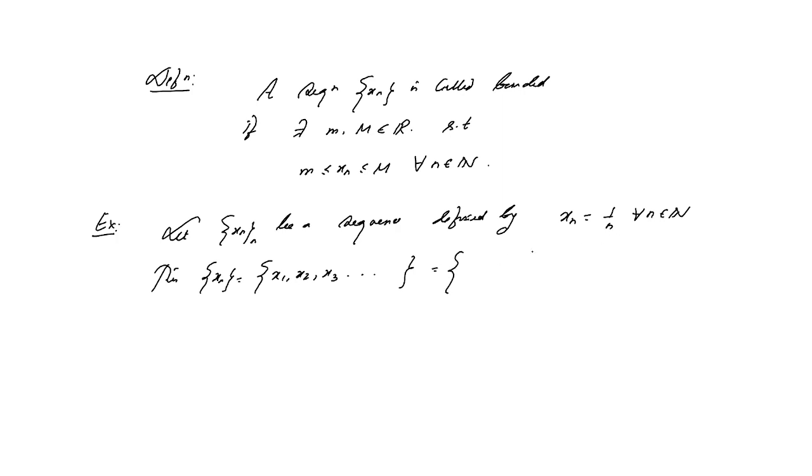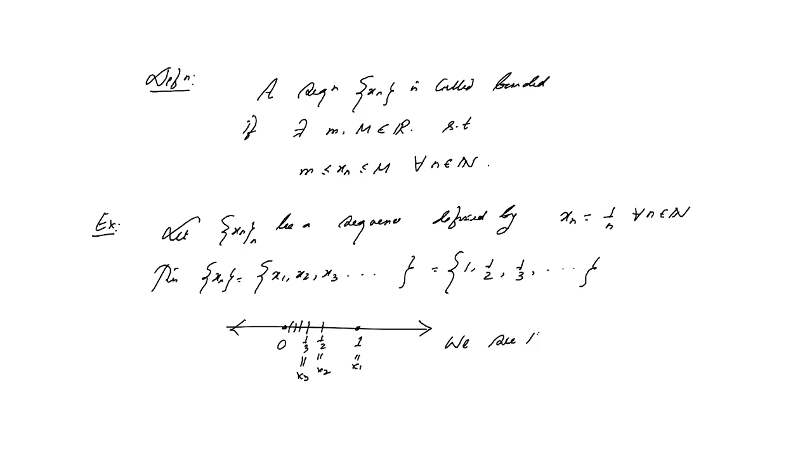That means if you put n equals 1, then half, then 1/3 and so on. Just put it on the real line. Take this as 0 and this as 1. So this is x1, then half, that means x2, then 1/3, that means x3 and so on. No element exceeds 1.